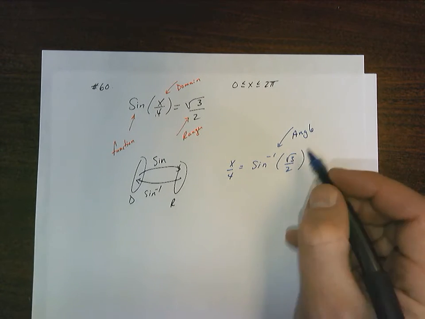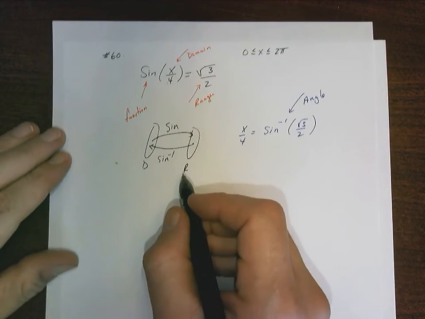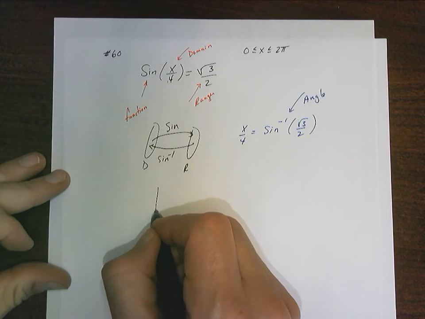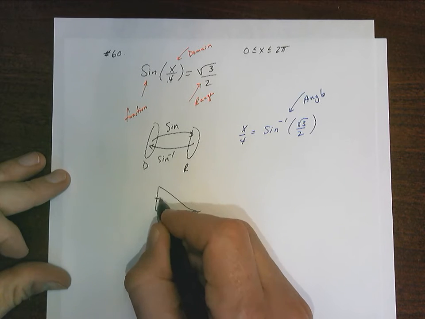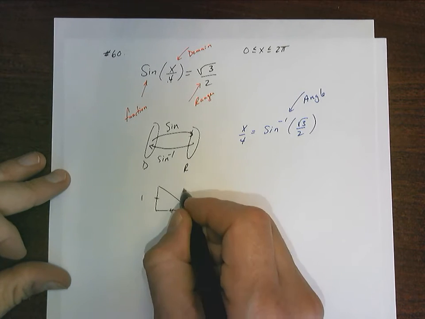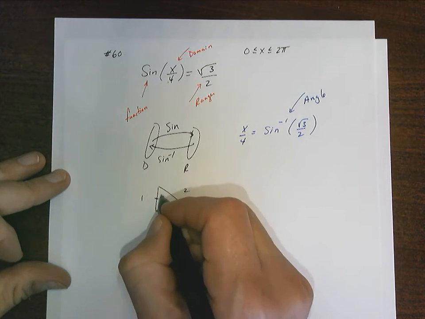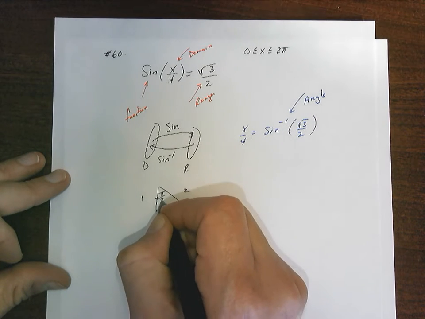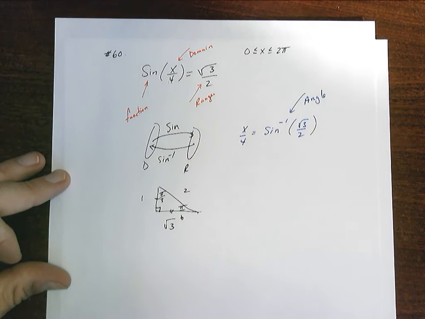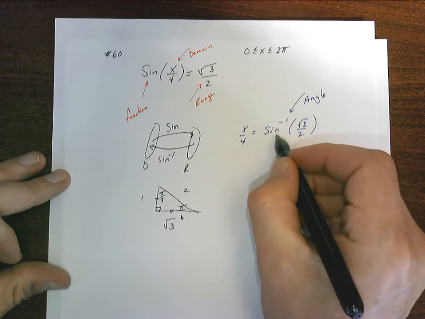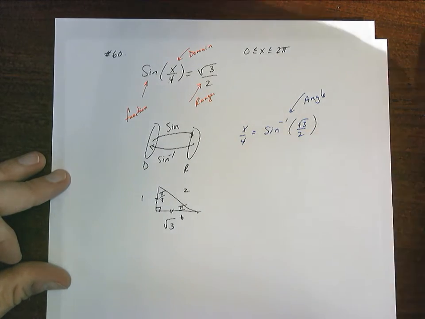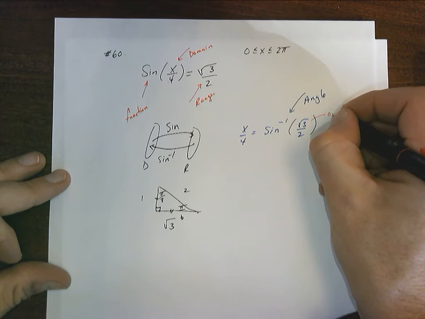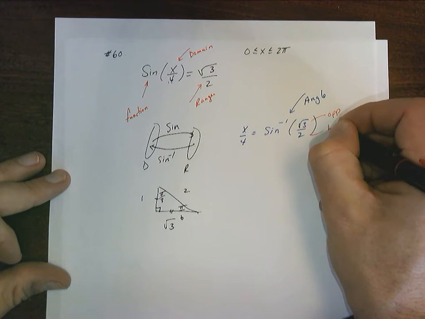Now this angle, if I think about it using special triangles, is going to be 1, 2, root 3, and so it's going to be pi by 6, pi by 3, 90. So this is the sine function. The sine function is opposite over hypotenuse.